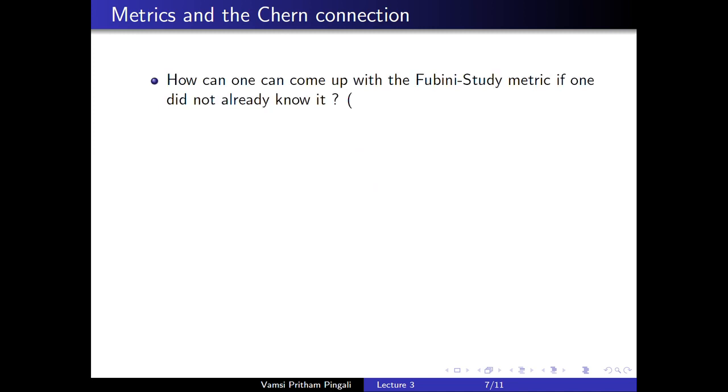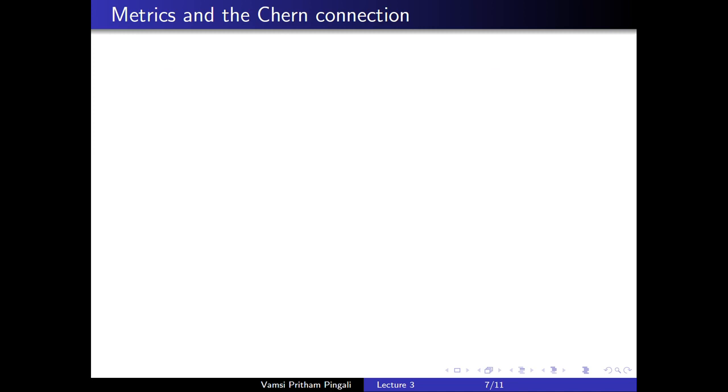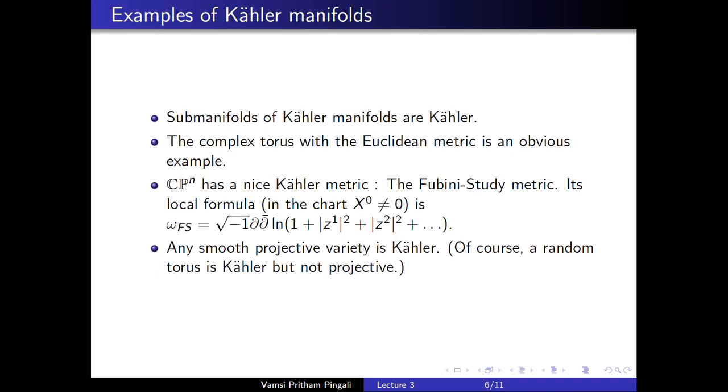All right, let's go to this question. This Fubini-Study metric has a very strange formula. If you didn't already know the formula, how could you have come up with it on your own? There are, by the way, many ways to do this. One way is the following. CP^n can be interpreted purely from the perspective of real differential geometry without knowing what a complex manifold is.